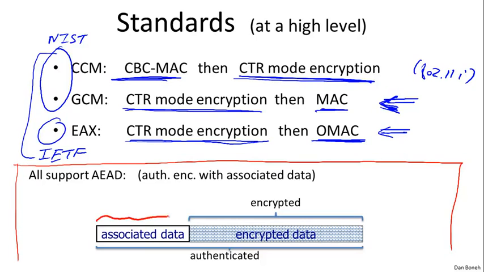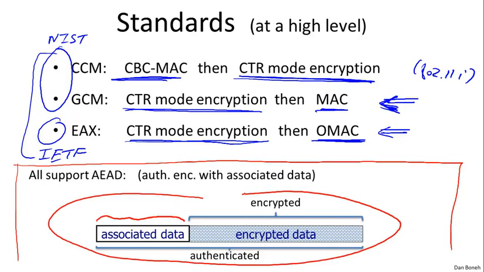This header is often called associated data, and all these modes basically support authenticated encryption with associated data, meaning that the whole thing is authenticated. In other words, an attacker can't change anything, but only the encrypted part is encrypted. The associated data is actually sent in the clear. So I just wanted you to be made aware that these standards exist.